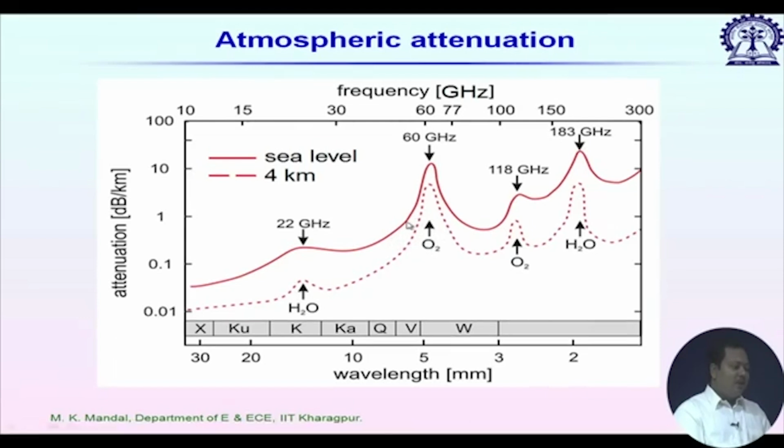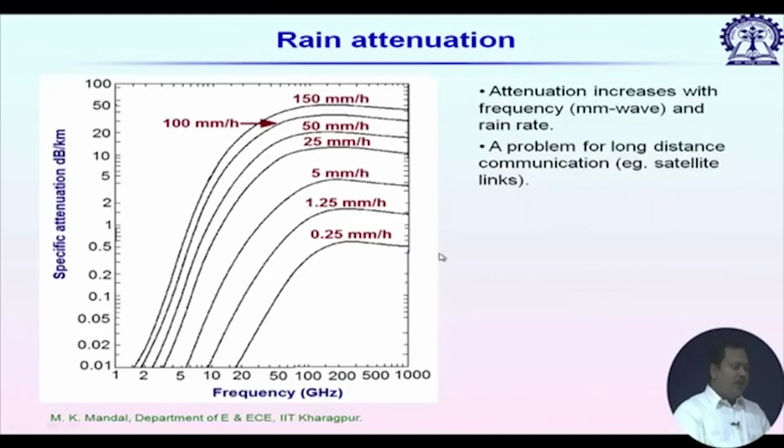As we see from this graph, at higher atmosphere this attenuation is much smaller compared to the sea level. Not only that, fog, rain, sandstorm, dust storm, all of these weather conditions also affect millimeter wave propagation.